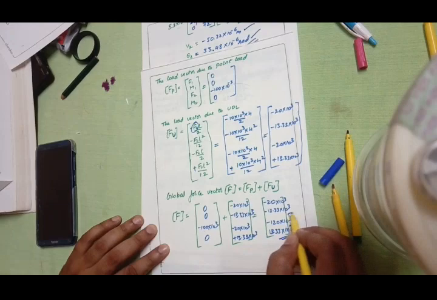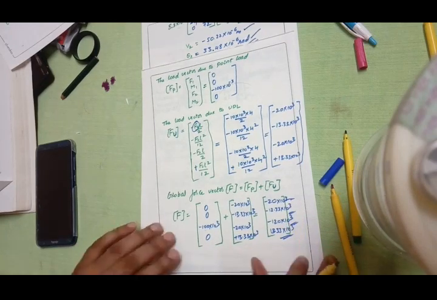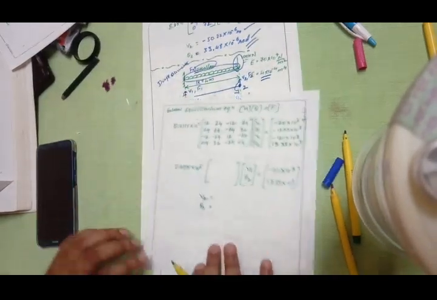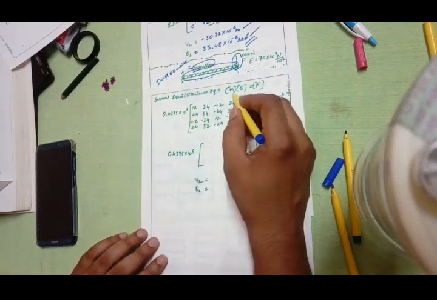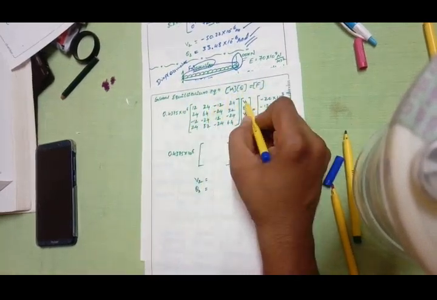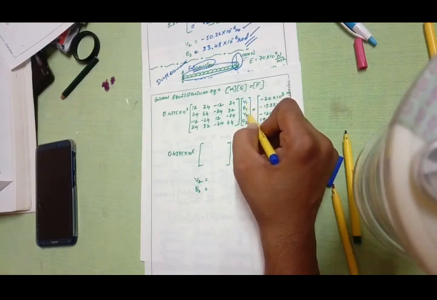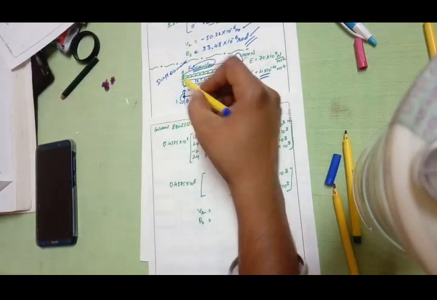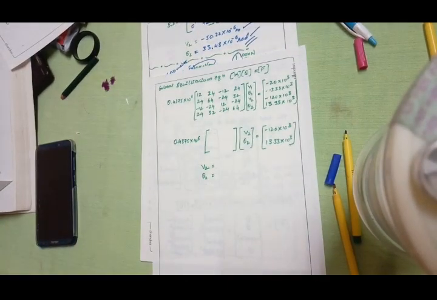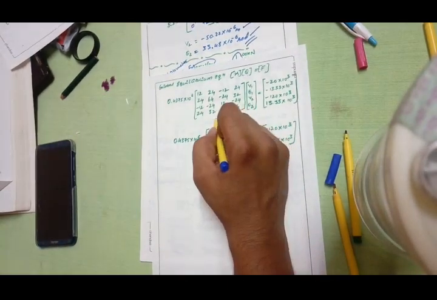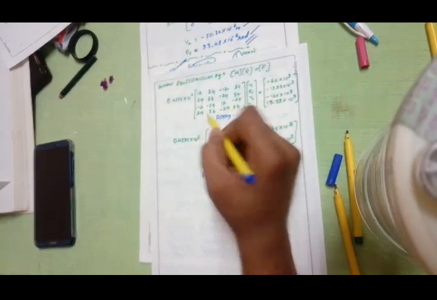So this is how you find the global force vector. Next, our intention is to find the global equilibrium equation, which is K into Q equals F. As we all know, the degrees of freedom are V1, theta 1, V2, theta 2, by looking at the diagram itself. Now we are going to apply boundary conditions by the elimination method.